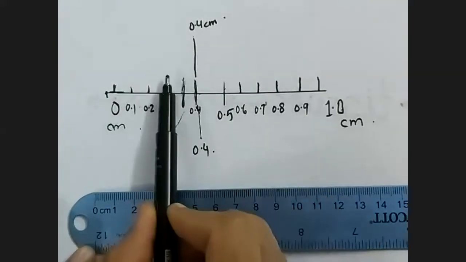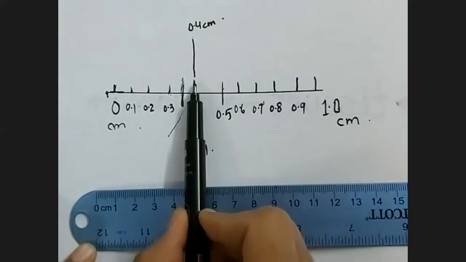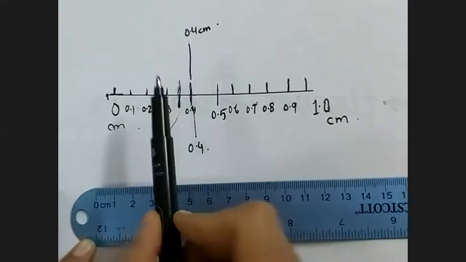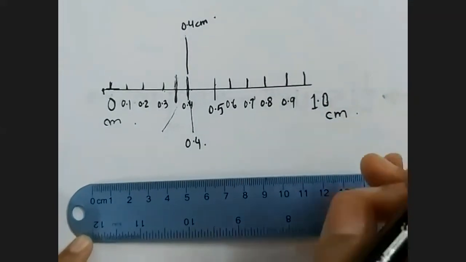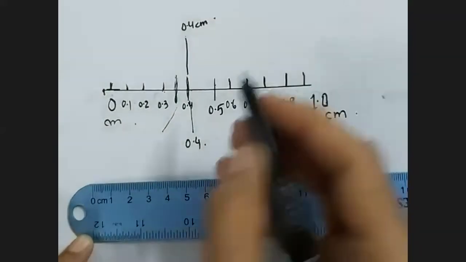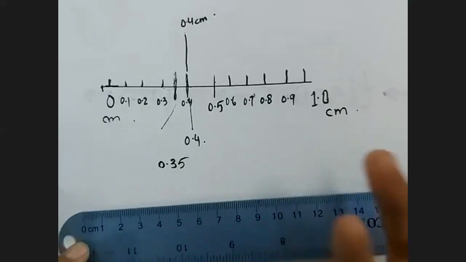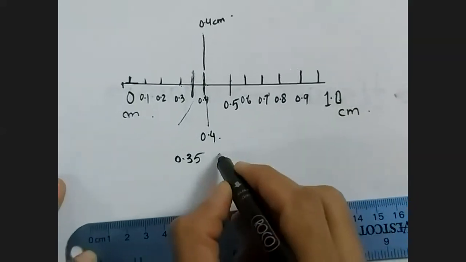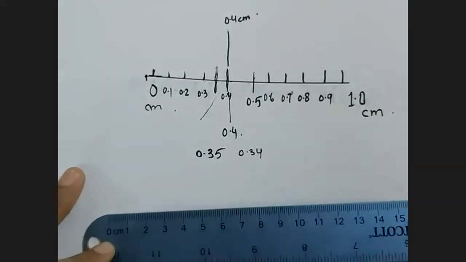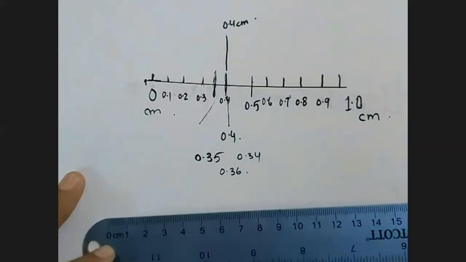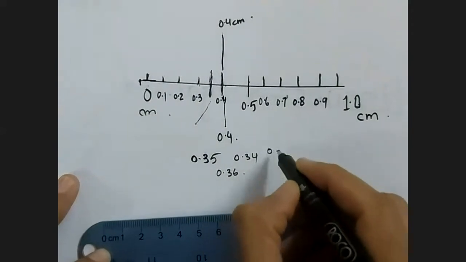And how much more or less than midway is yet to be decided. I can never say with 100% certainty that this is 0.35. It can be 0.34, or 0.36, or even 0.33.